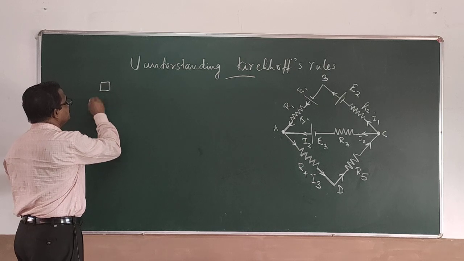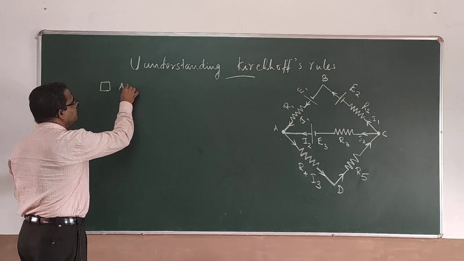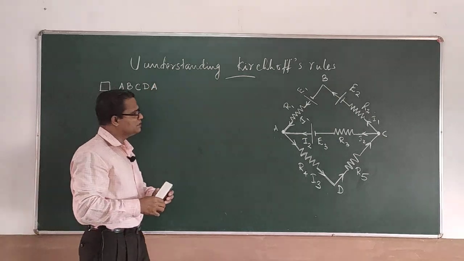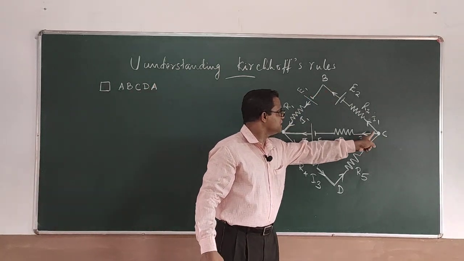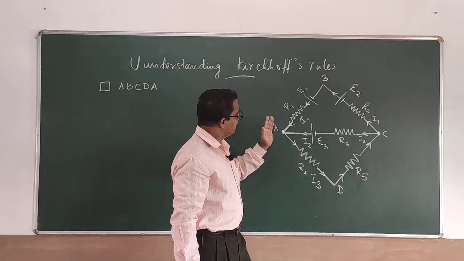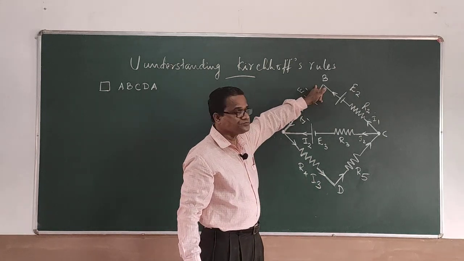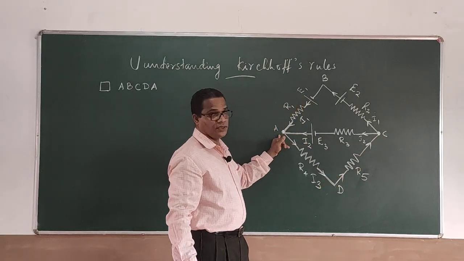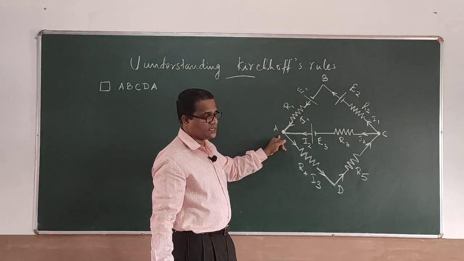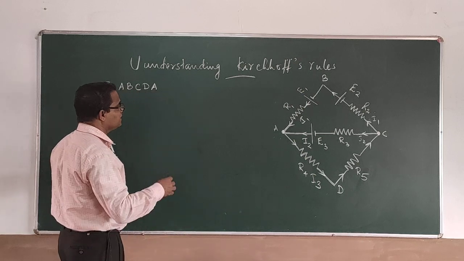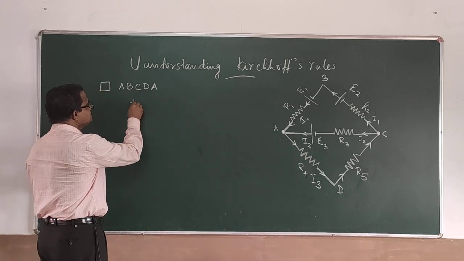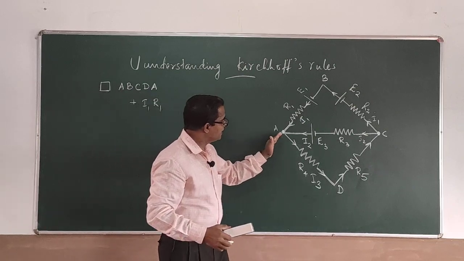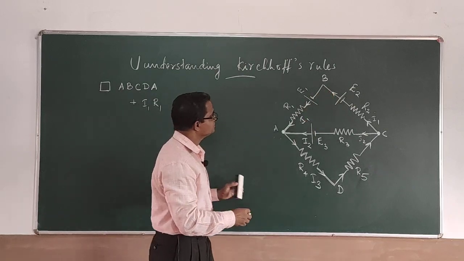First of all, if I define a loop A, B, C, D, A, the big one, and I move from A to B, B to C, C to D and D to A, along with sign convention, I will be writing plus I1 R1, against the direction of flow of current.